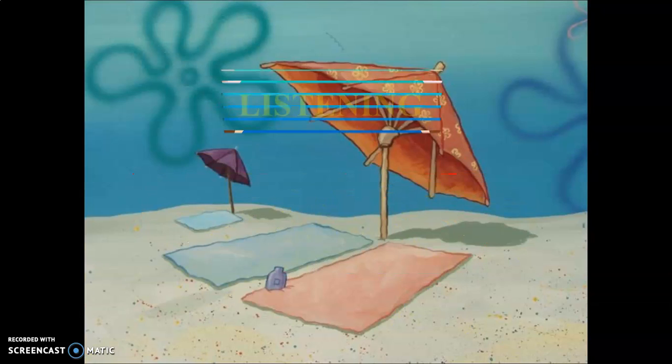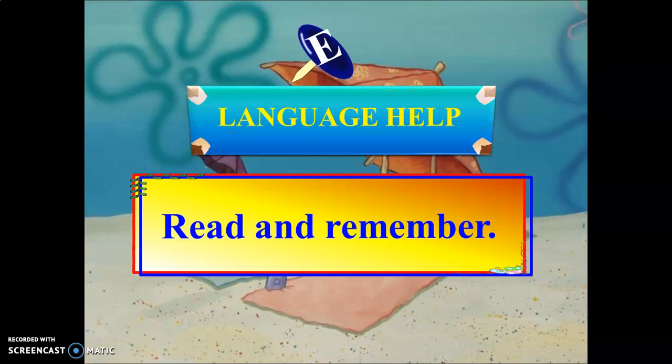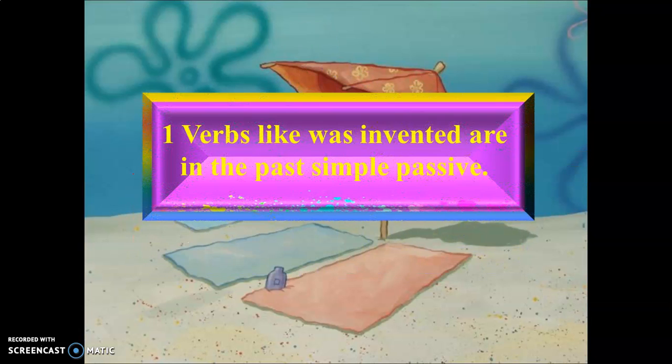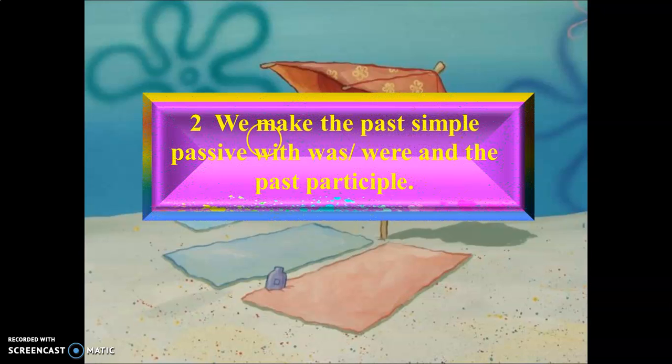Okay, we have heard this. Let's move to language help. Remember, verbs like was invented are in the past simple passive. درسنا present simple passive مع is are. الآن ندرس الماضي.